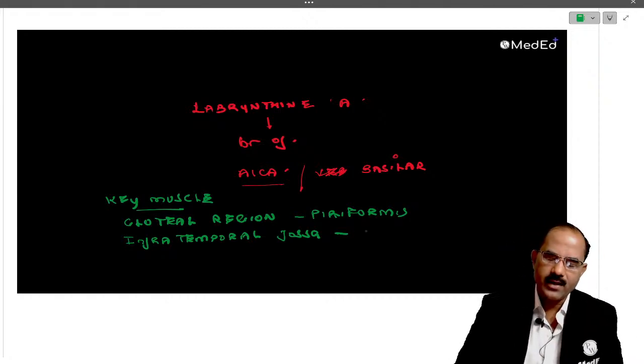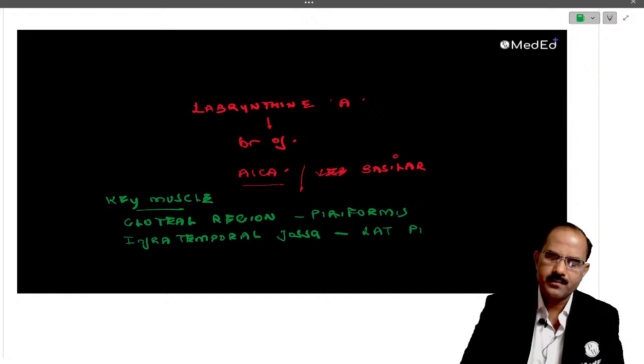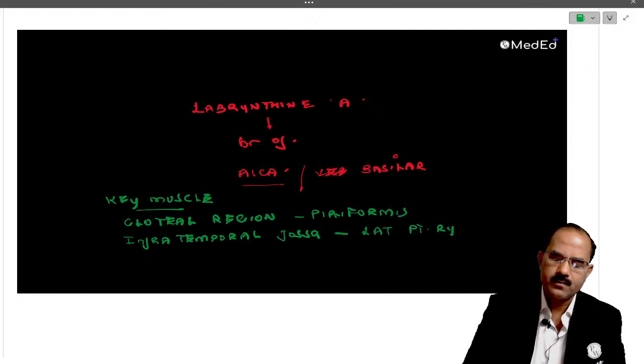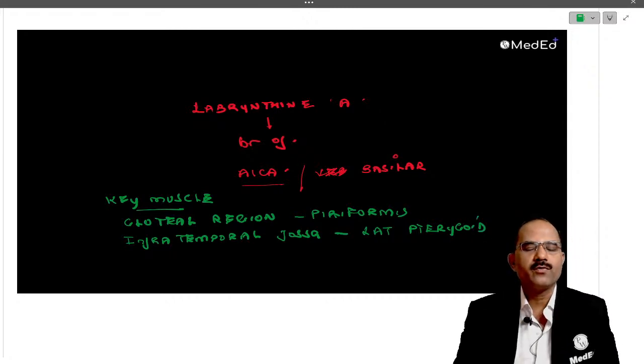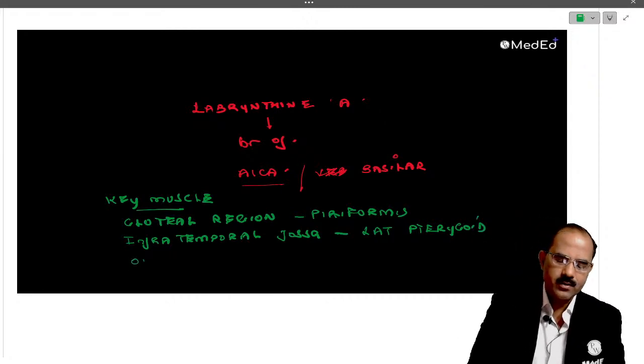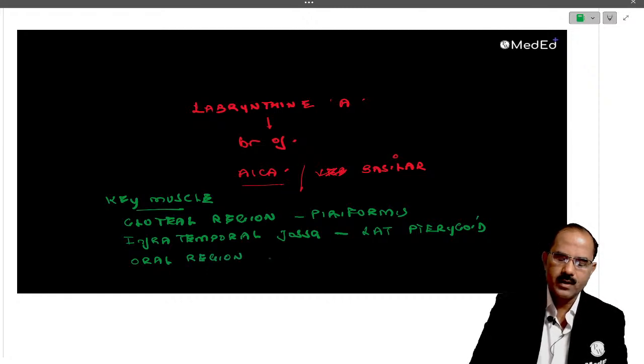That is the lateral pterygoid. So the key muscle of the infratemporal fossa is lateral pterygoid, and the key muscle of the oral region is hyoglossus.